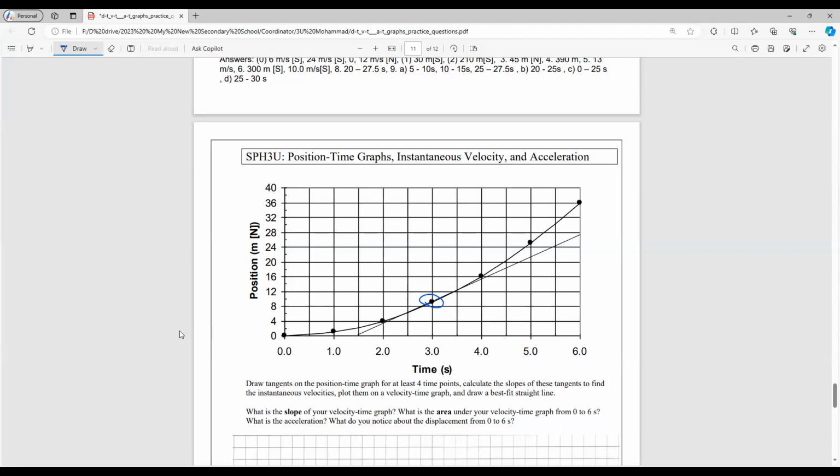Rise over run is 28 minus 0, divided by the change of x values, 6 minus 1.5. That gives you the slope of the line. So it's basically 28 divided by 4.5, approximately 6.7 meters per second. Okay, so let's check.